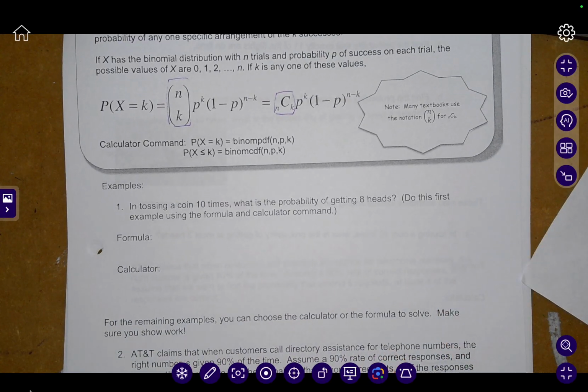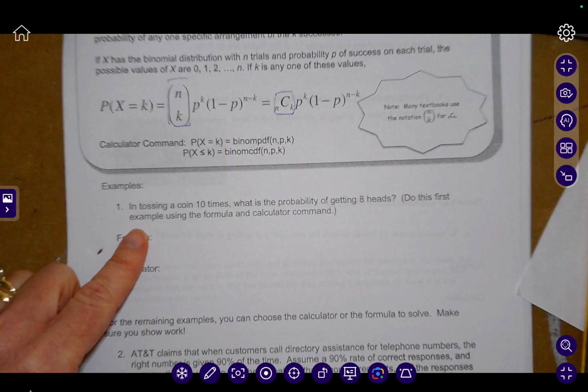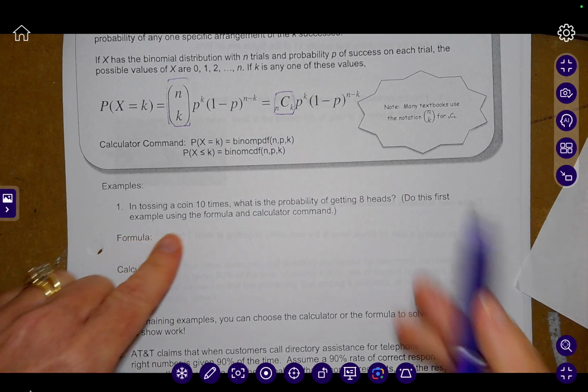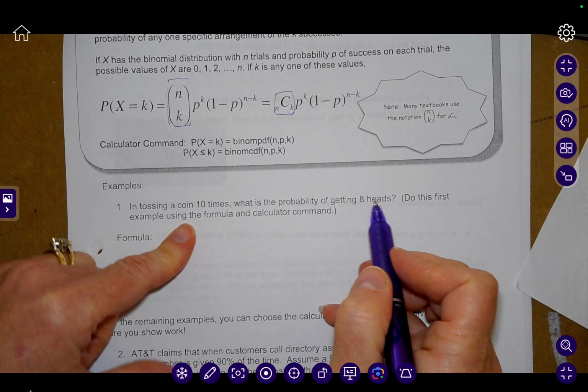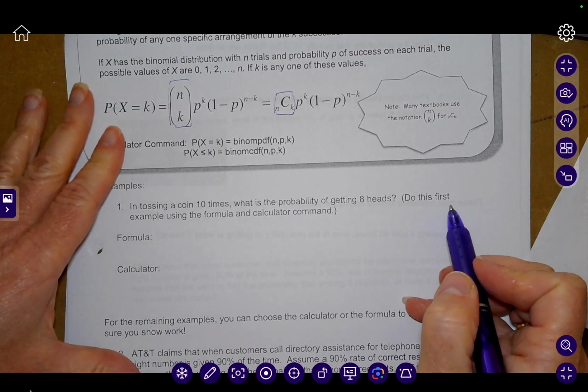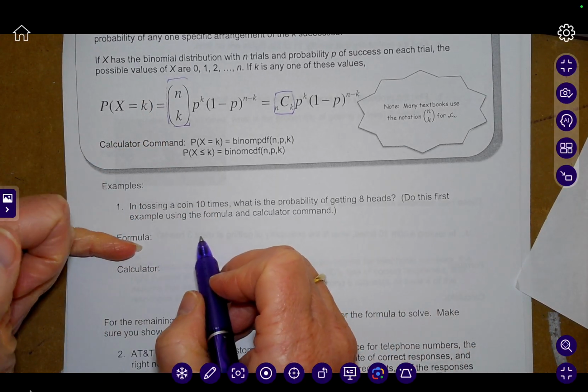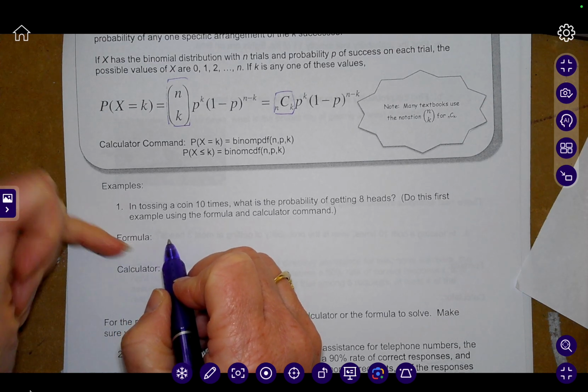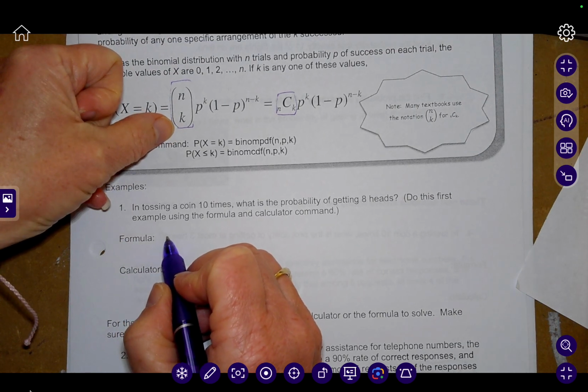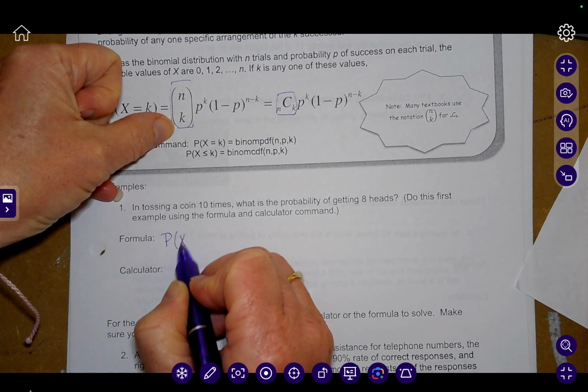All these problems that follow are using a binomial distribution. So it says, in tossing a coin 10 times, what's the probability of getting 8 heads? Do this first example using the formula and then the calculator command. All right, so if I was tossing a coin 10 times, the formula would tell me that I was doing this.